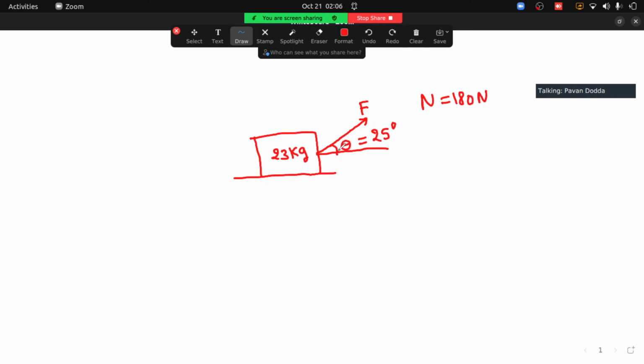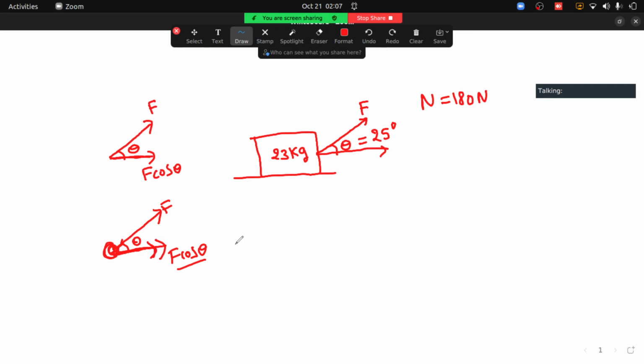Now you see the force F can be resolved into two directions. If there is a force acting on an object, let's say this is our object, and the force makes an angle theta with some direction, and this is force F, then the component of force along this direction is given by F cos theta.